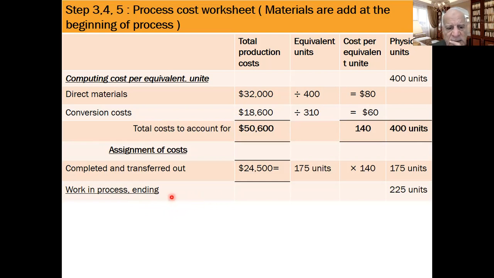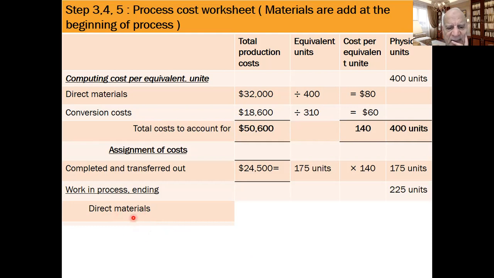So we cannot calculate the cost of this second group by multiplying the total equivalent cost by these units. We must calculate this separately. We calculate this cost as for direct materials, then we will compute the cost as for the conversion cost separately.